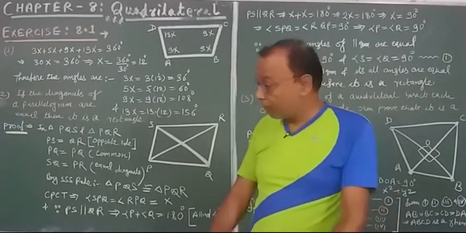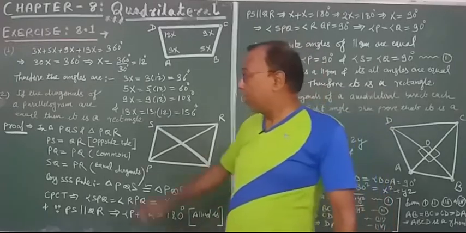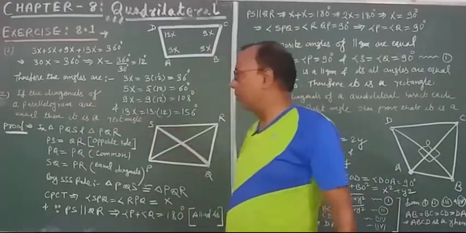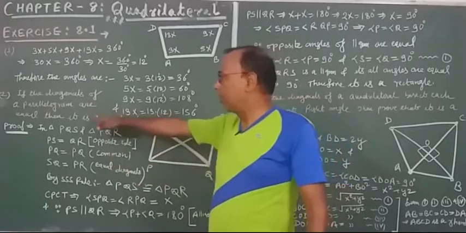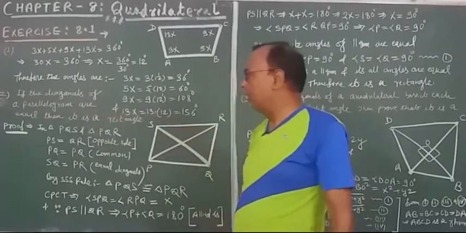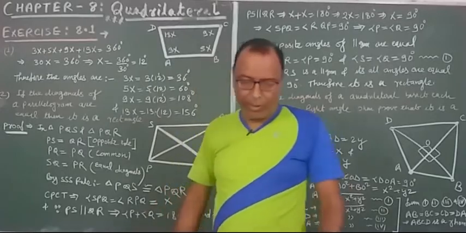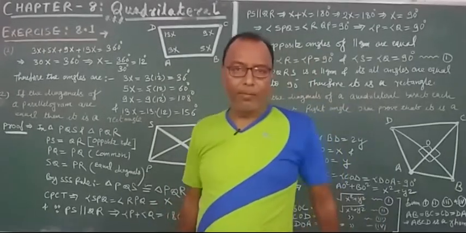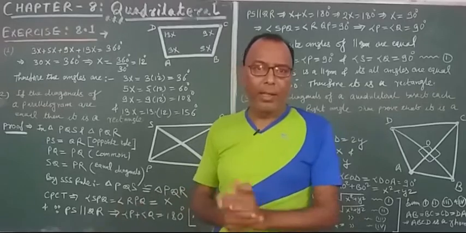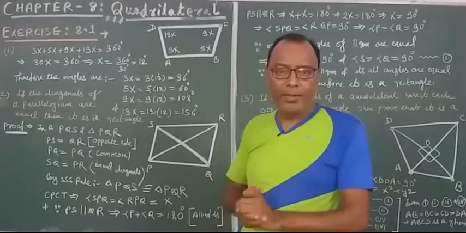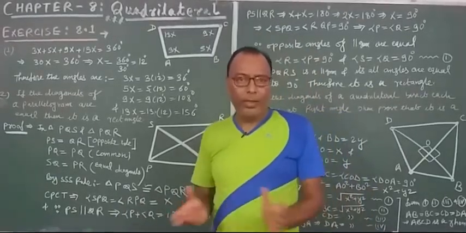Now this is question number 2. If the diagonals of a parallelogram are equal, then it is a rectangle. The question is: you are given a parallelogram whose diagonals are equal, so we have to prove that it is a rectangle.